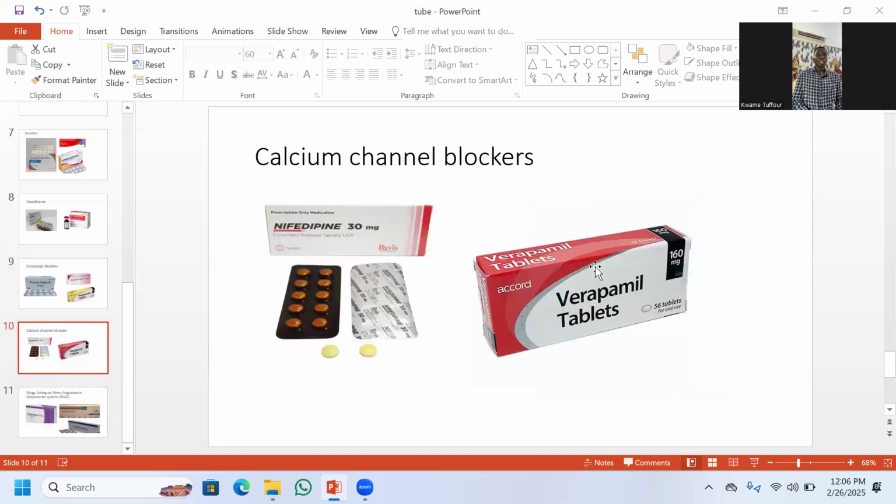Then we have the calcium channel blockers. Whenever calcium channels are activated, more calcium enters into the cells and causes contraction of the smooth muscles in the walls of the vessels, and therefore vasoconstriction. So here, we want to prevent constriction.